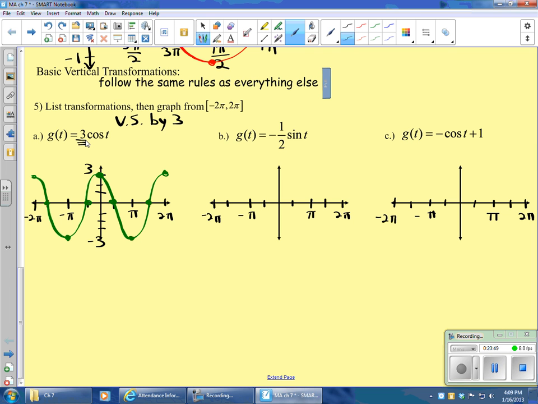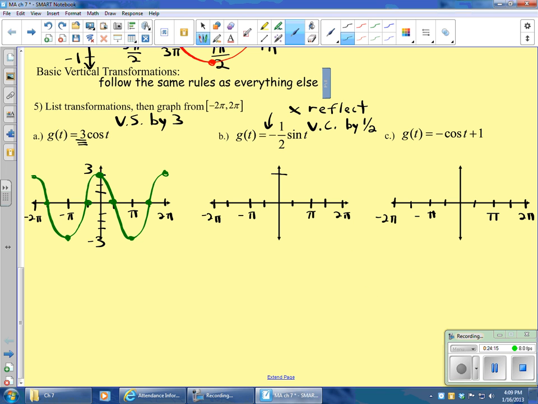On the second one, the negative out in front is going to reflect it over the x-axis, so I'm going to have an x reflection. The 1/2 is going to vertically compress it. So instead of the sine going from -1 to 1, it's now going to be compressed where it's only going halves.